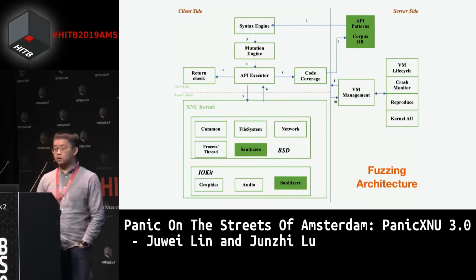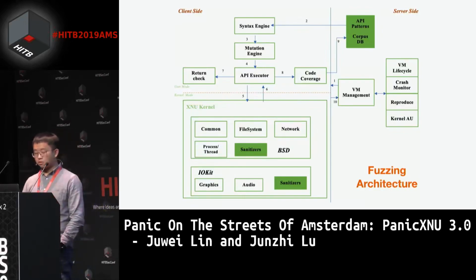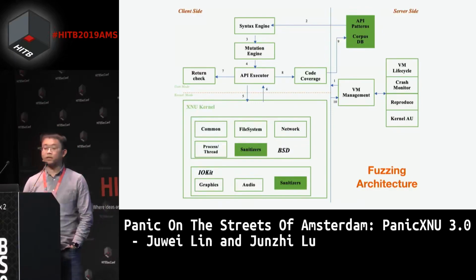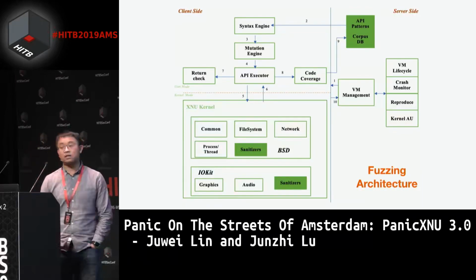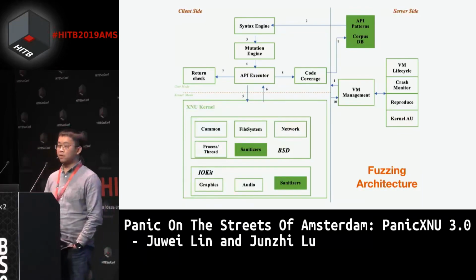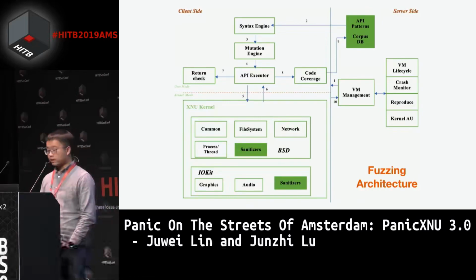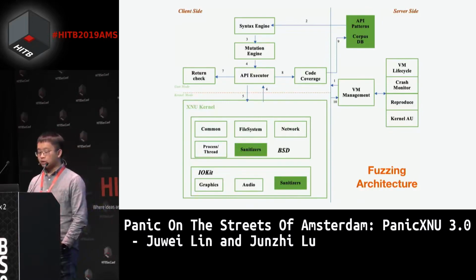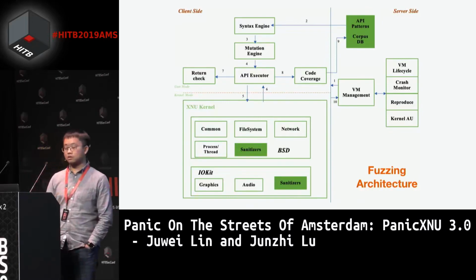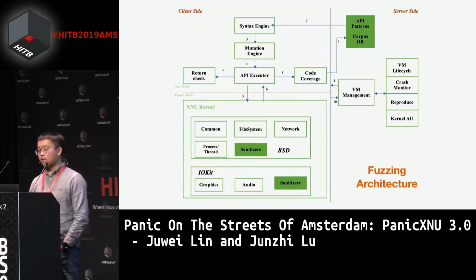After each syscall or LKit call, with the return value at step 7, it will check whether the return value has some heap memory disclosure. And at step 8, the API executor will also update the code coverage to the corpus DB.